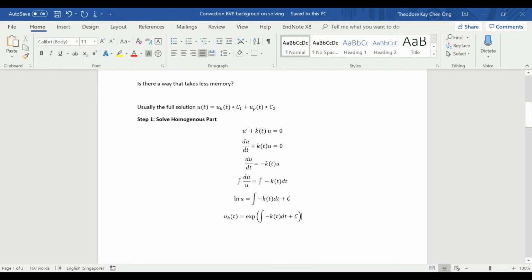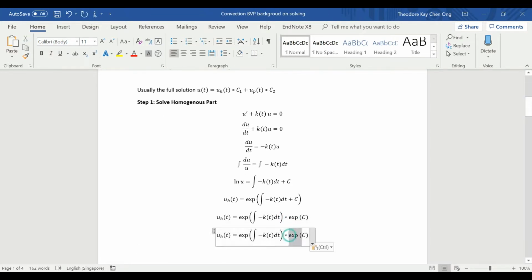Alright, and next step, we can just take this exponent of c down. So we'll have this times the exponent of c, and of course that is just a constant we can call a, which is some arbitrary constant.